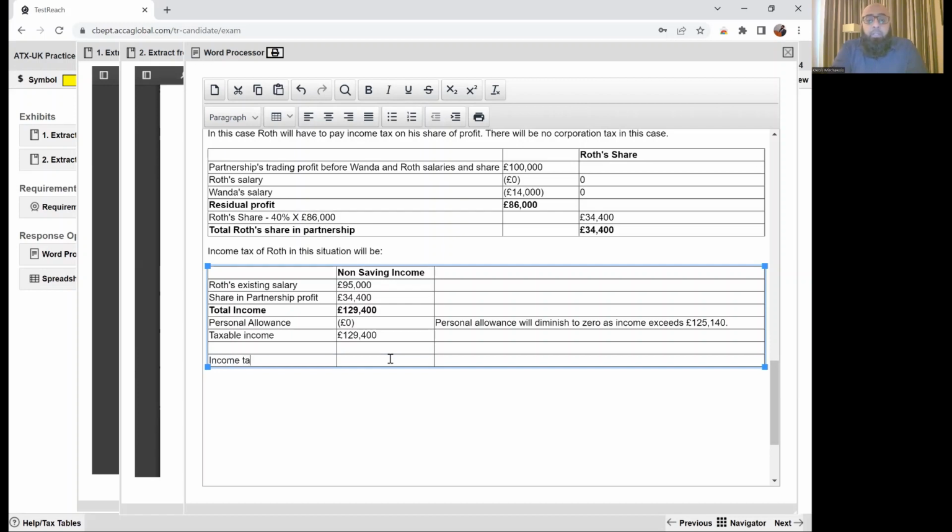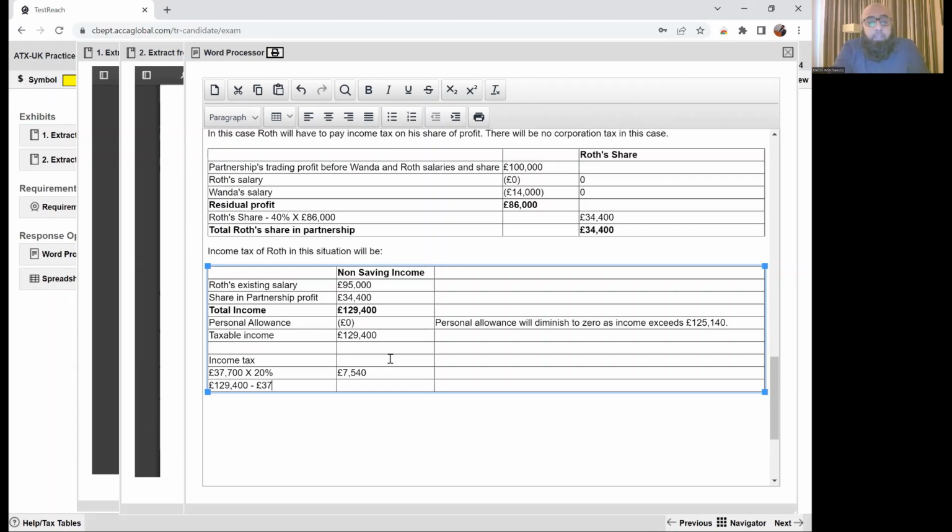Now I will calculate the income tax, some easy things, 37,700 at 20%. It will be 7,540. Then 129,400 minus 37,700.